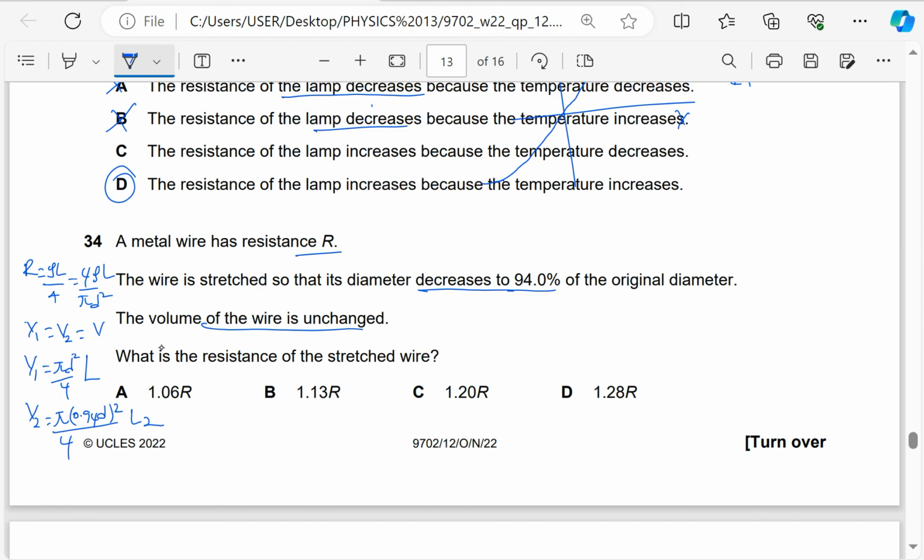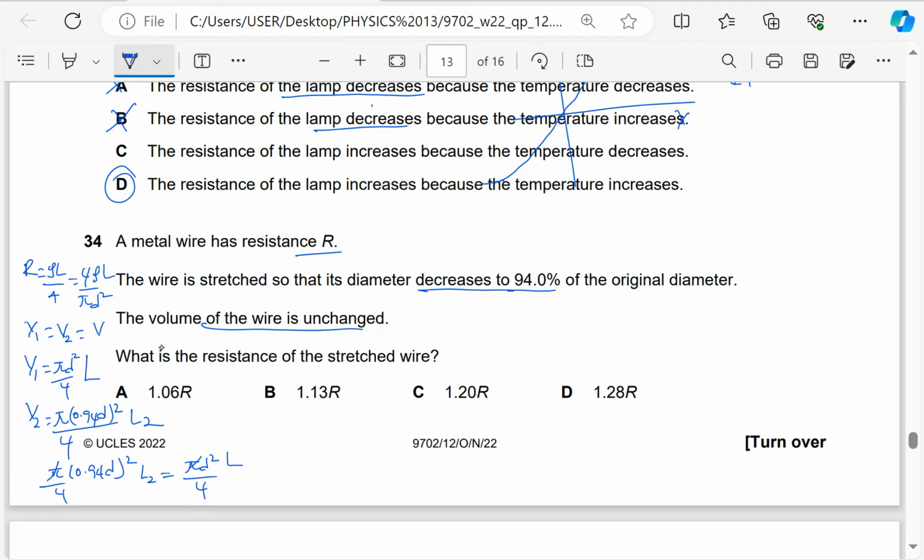Remember, V1 and V2 should be equal. And if that is true, I'll simply equate these two equations. So when I equate the two equations, I have that pi times (0.94 d) squared divided by 4, times L2, should be the same as pi d squared L divided by 4.